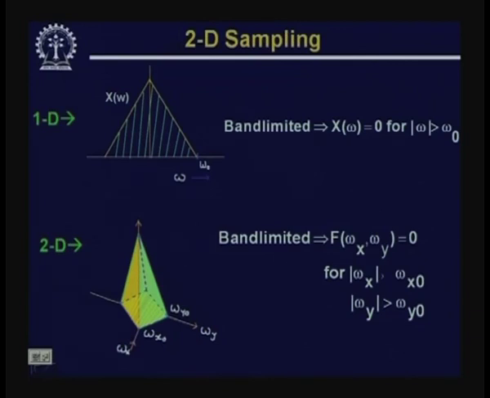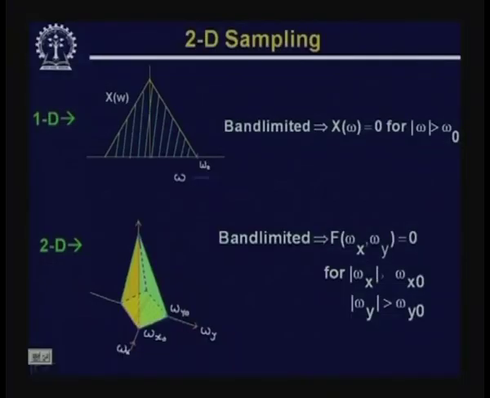We say that the image is band limited if F of omega x, omega y is equal to 0 for omega x greater than omega x naught and omega y greater than omega y naught. In this case the maximum frequency component in the x direction is omega x naught and the maximum frequency component in the y direction is omega y naught.